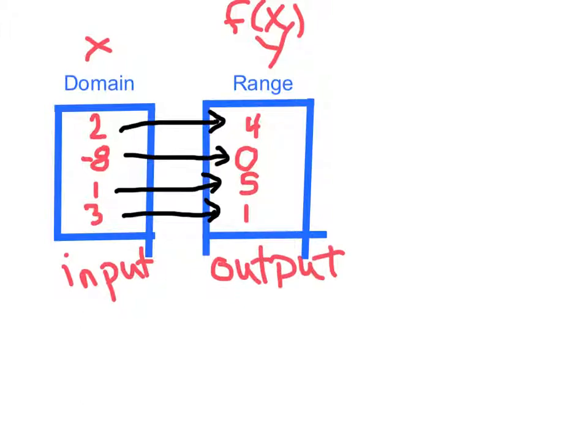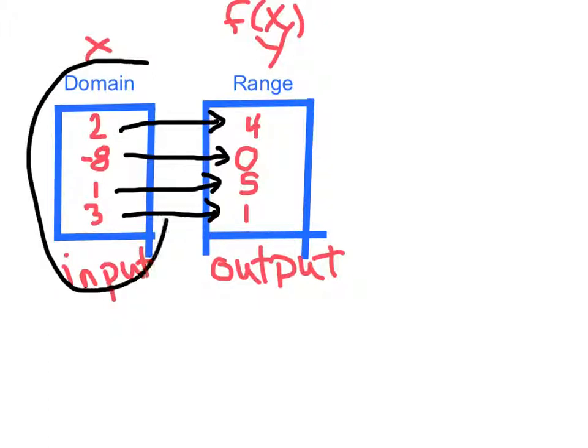And that's why we have the lines between them. So 2, if you input 2 into the function, you get a 4. If you put in a negative 8, you get a 0. If you put in a 1, you get a 5, and if you put in a 3, you get a 1.